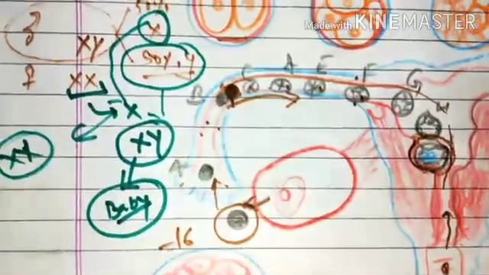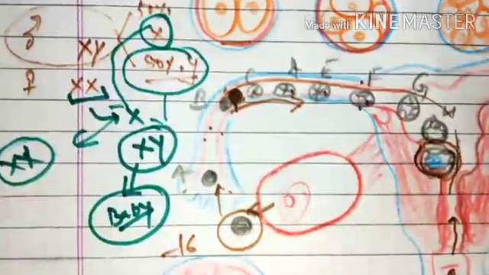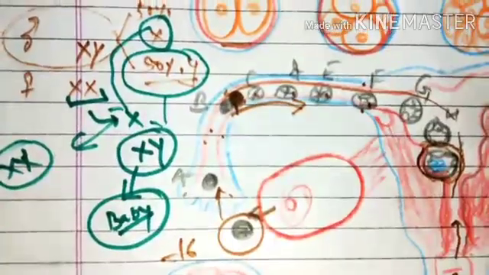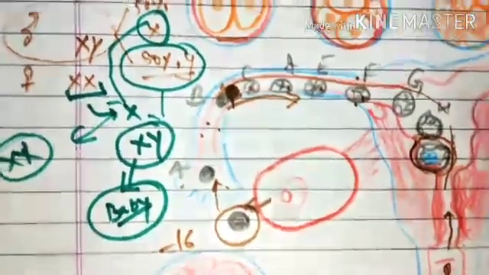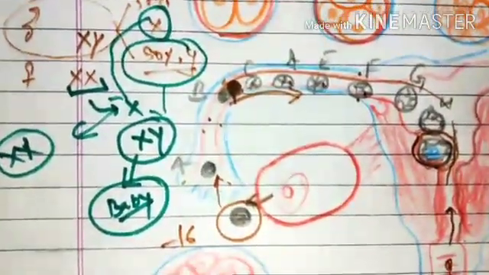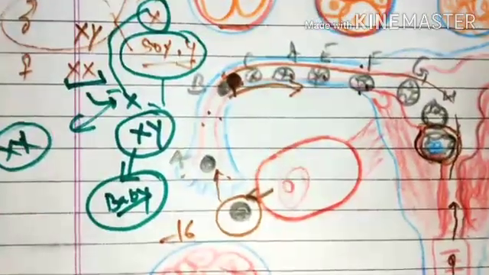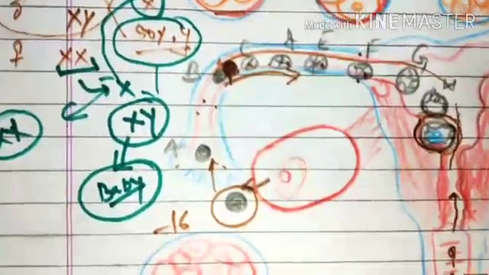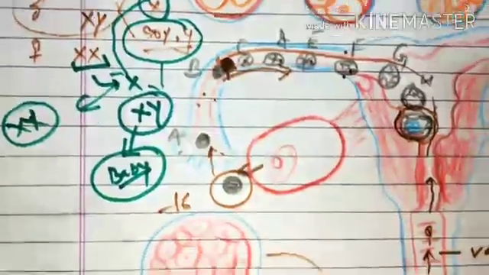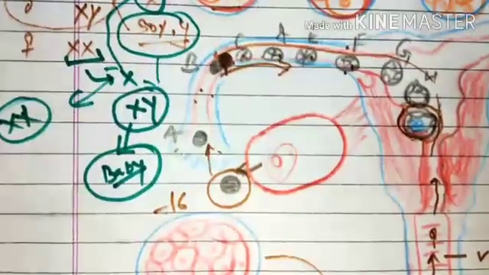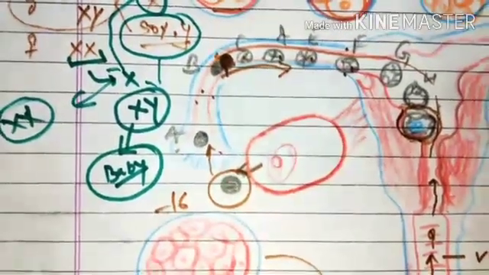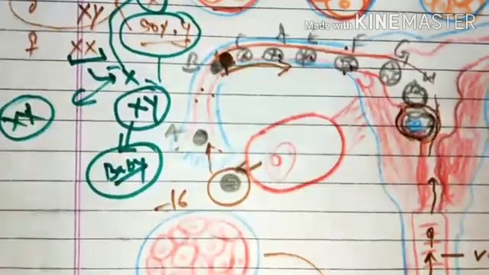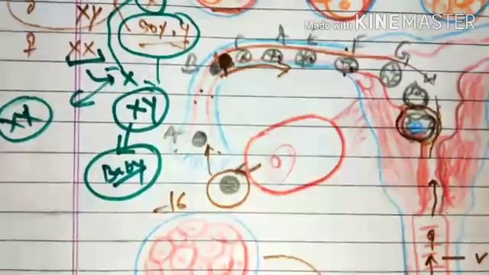Though you cannot blame the male or female for the birth of this male and female child, it is a chance factor whether sperms bearing X chromosome fertilize the ovum, or the sperm with Y chromosome fertilizes the ovum, producing a boy. So this was all about the fertilization and implantation.